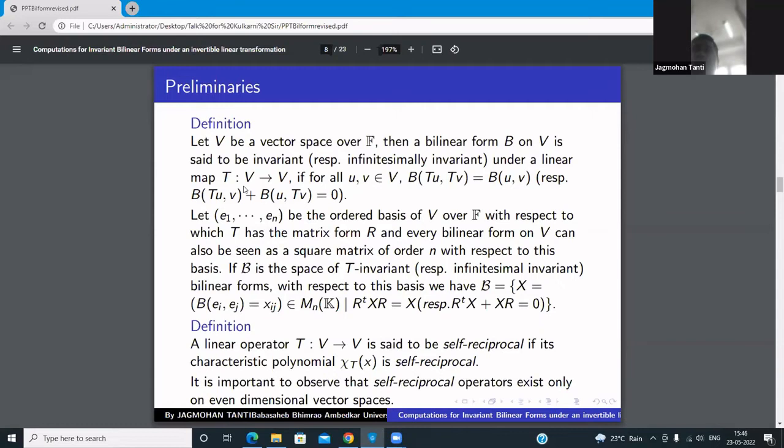For this we took the condition that the invariant factors of the characteristic polynomial do not change under field extension, and we considered the rational canonical form for our computations. So the dimension of the invariant bilinear forms remains the same under field extension. It does not change.